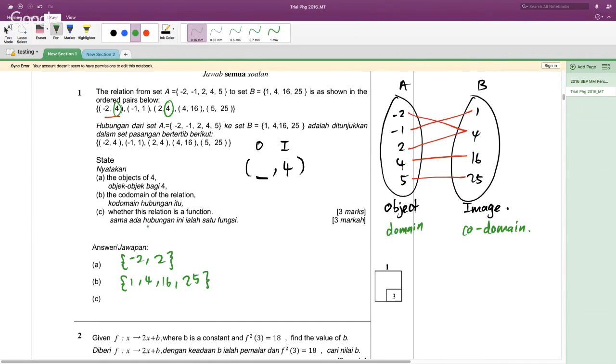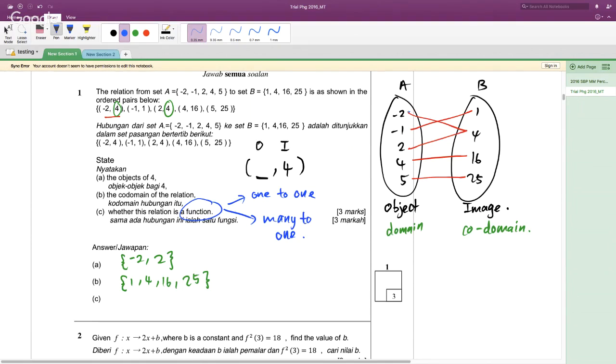And whether this is a function or not: whenever we want to call it a function, it must obey the one-to-one rule and the many-to-one rule. It cannot be one-to-many or many-to-many, but it can be many-to-one. Let me write it nicely, many-to-one. So therefore, do you see -2 and 2 both go into the 4?